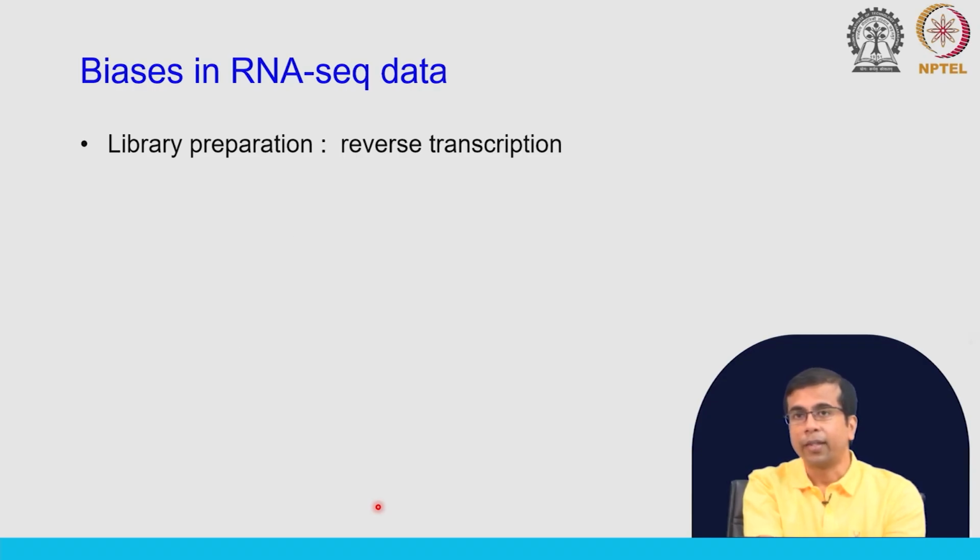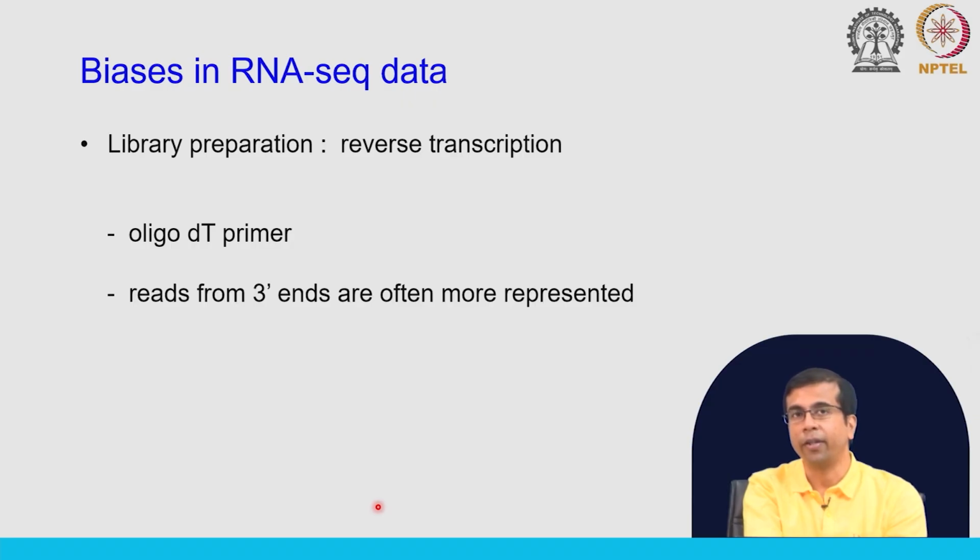Then we have the reverse transcription, right. For many library preparation steps, we need to do the reverse transcription, except probably the direct RNA sequencing that we have talked about. In reverse transcription, the earlier researchers used the oligo-dT primer, where they are looking at the poly A tail. So, these primers will bind at the poly A tail.